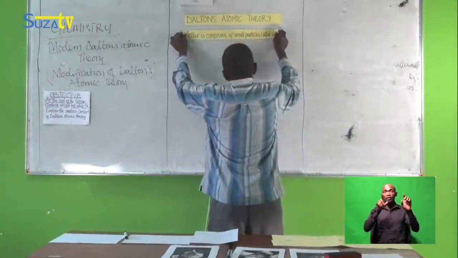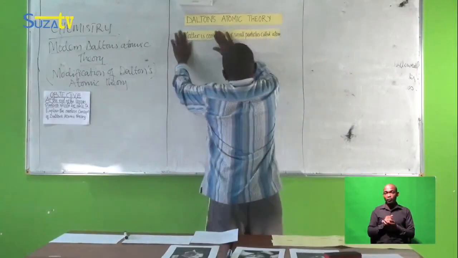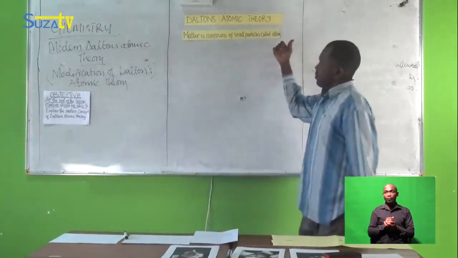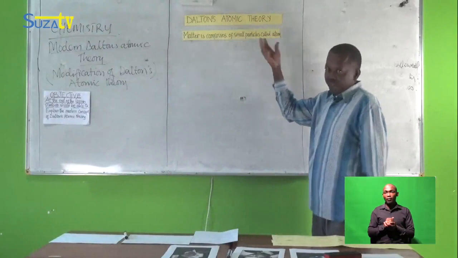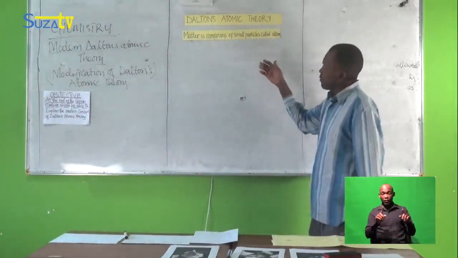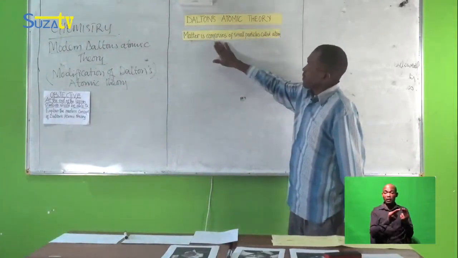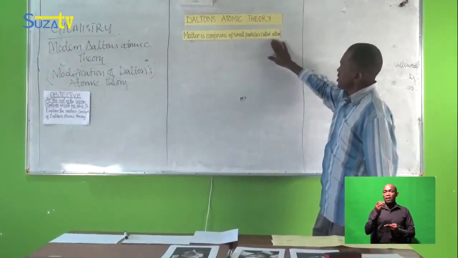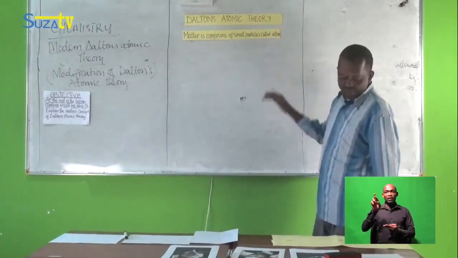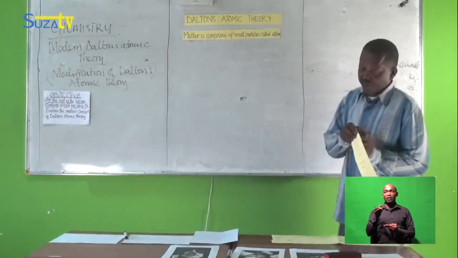The first postulate, although it is in another version, sounds the same in meaning. Matter is comprised of small particles called atoms. That is the first one.